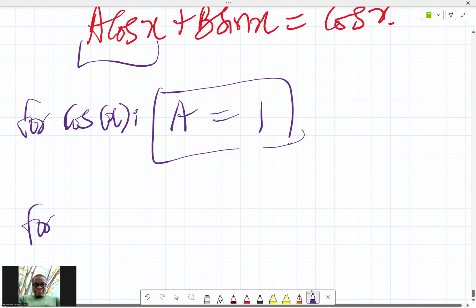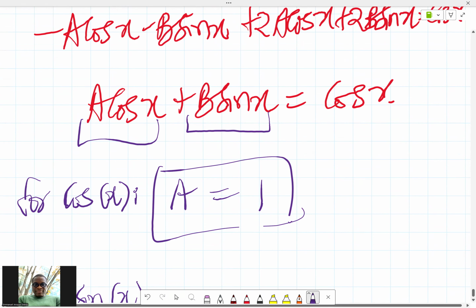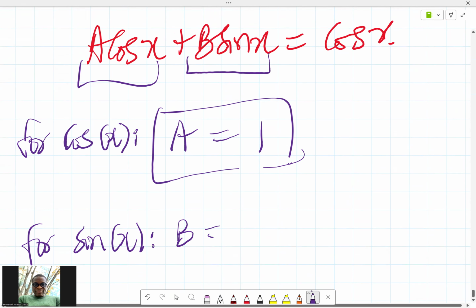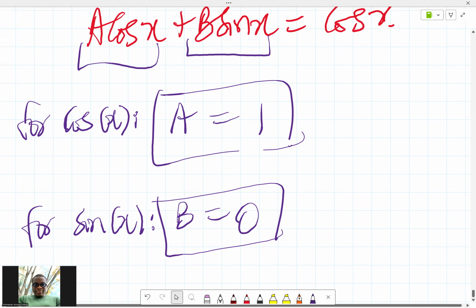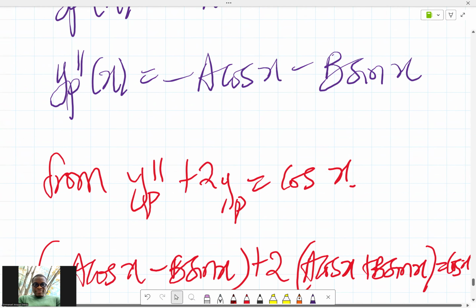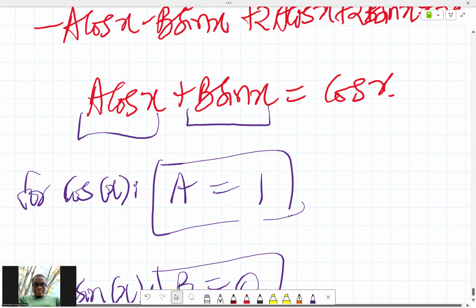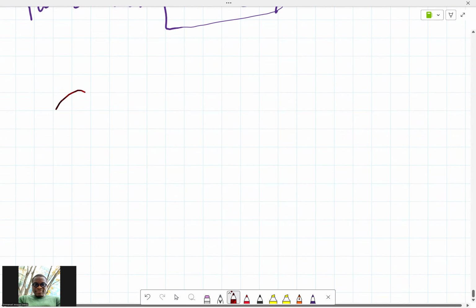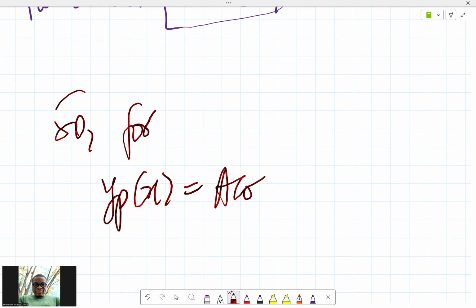For sine x, on the left hand side the coefficient of sine x is b, and on the right hand side there's no sine x, so it's just 0. So b is 0, a is 1. Now we can go back to the original expression for yp of x, which is a cos x plus b sine x.